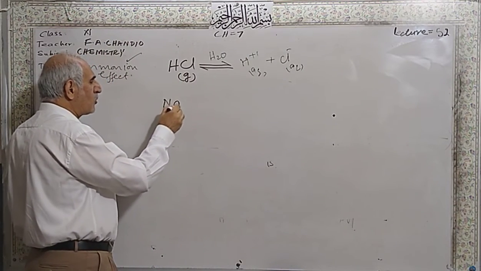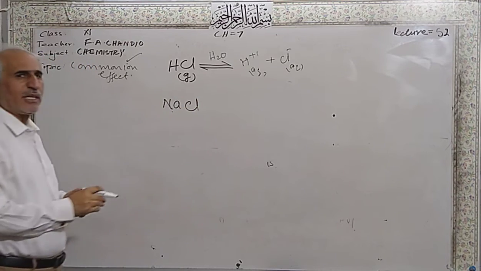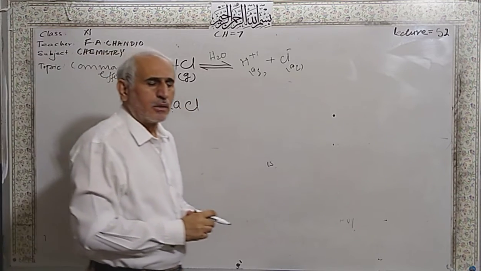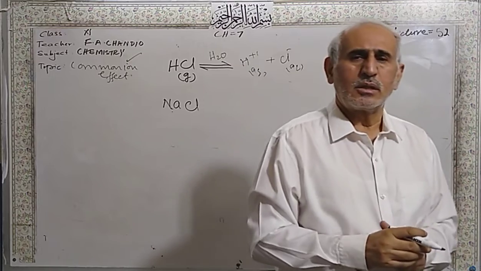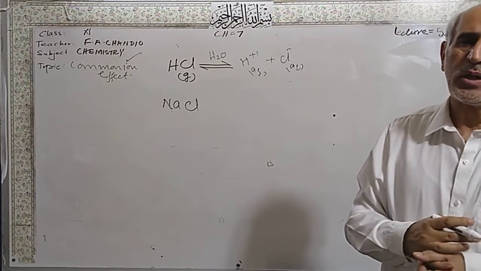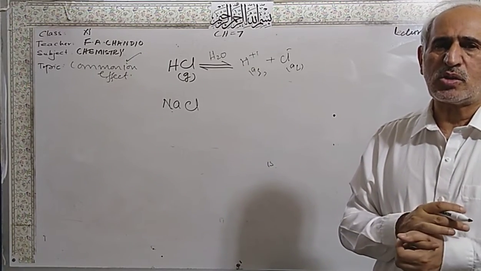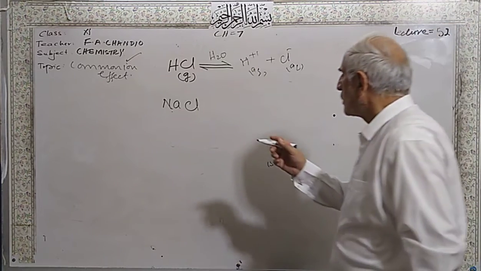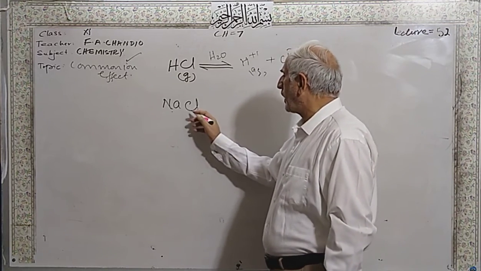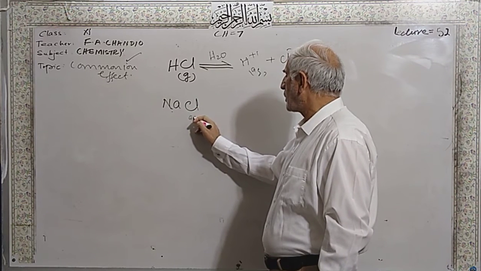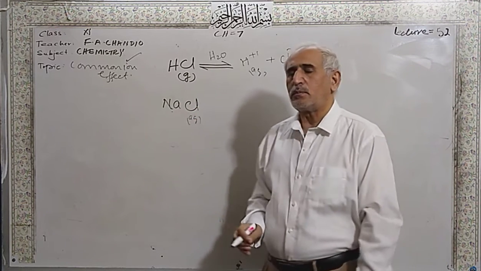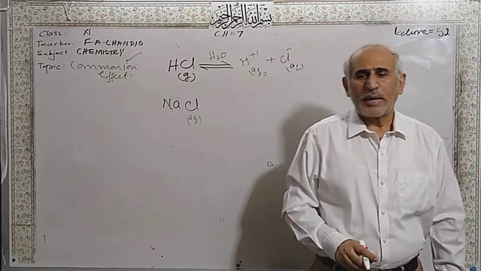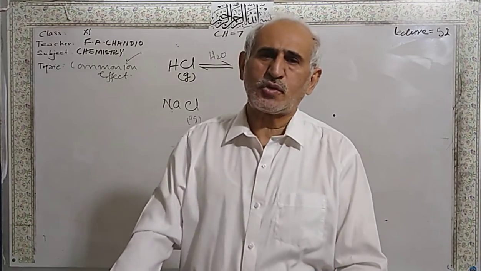Next, you have sodium chloride which contains impurities. There are other salts, other components, impure. We want to take them out. We want to separate them. We want to purify sodium chloride. So this sodium chloride in aqueous solution we make brine. Brine is a concentrated solution of sodium chloride.